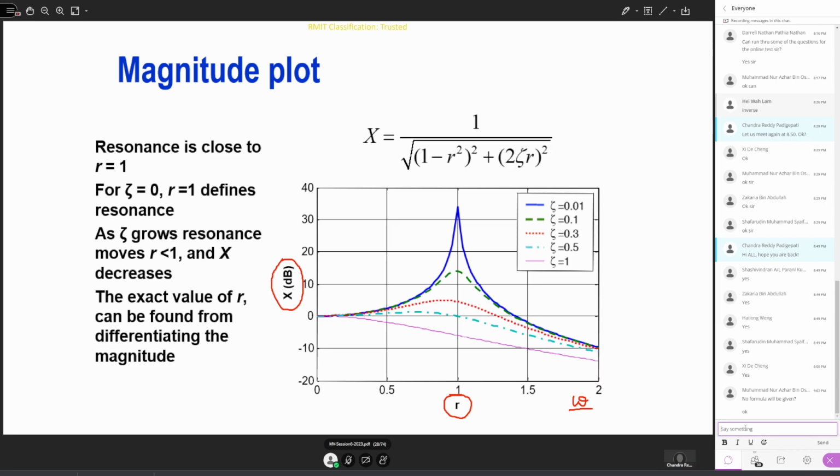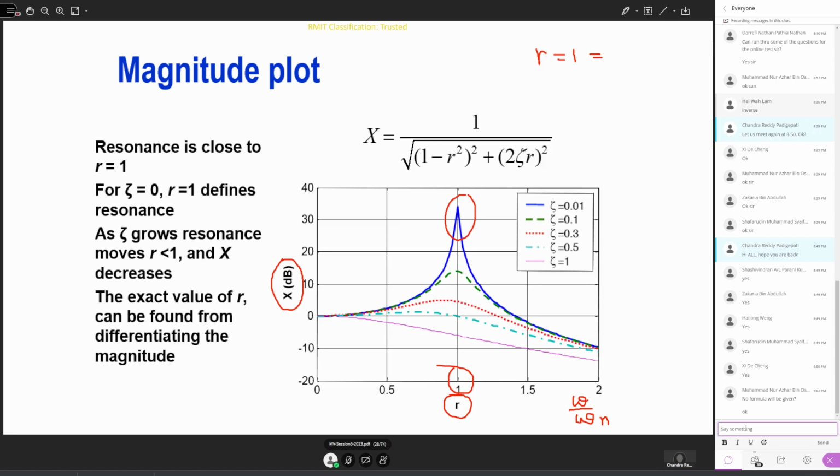You can see that when omega over omega n is equal to 1, the amplitude of the vibration maximizes. So when omega is equal to omega n, r is 1.